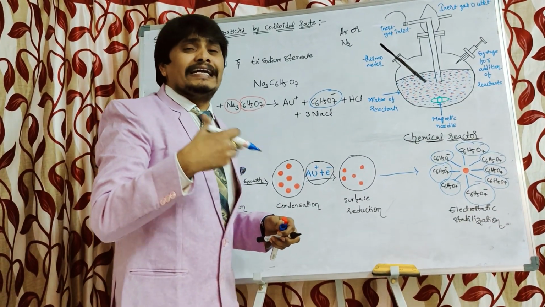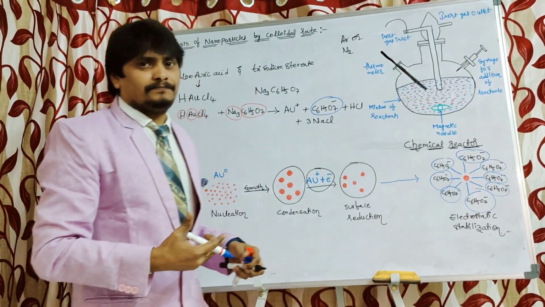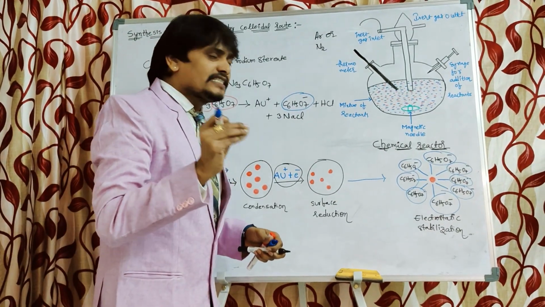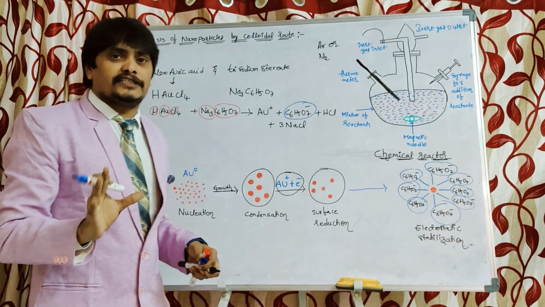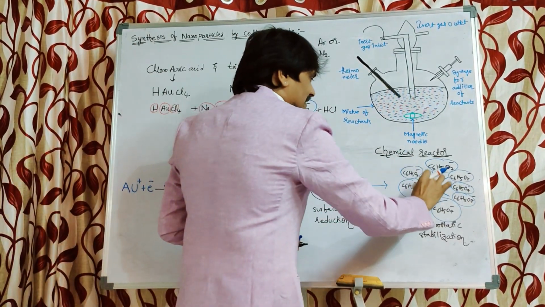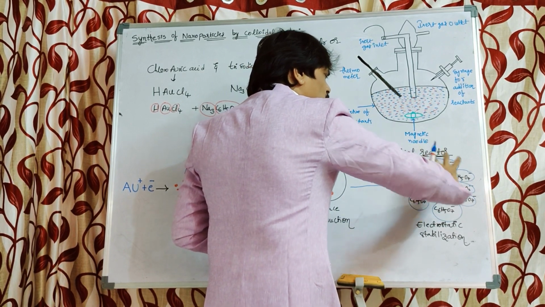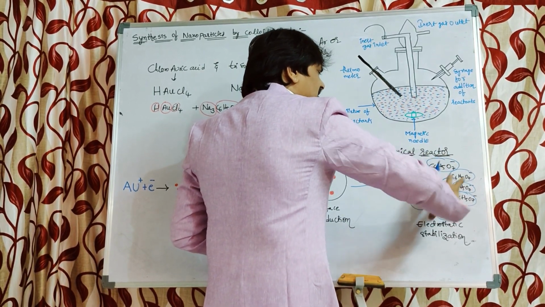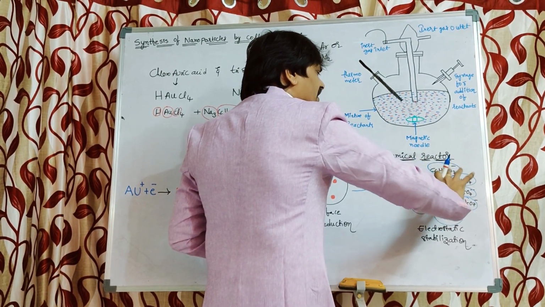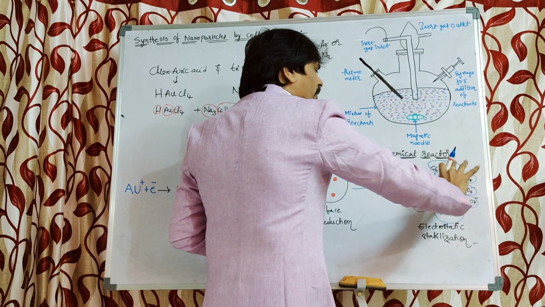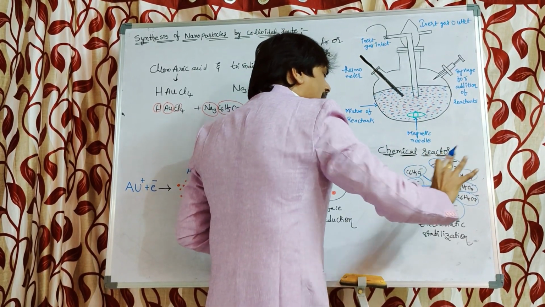I'm not going to discuss its definition in a well-defined fashion. Simply, electrostatic stabilization means stabilization because of the electric charge. Because this nano gold particle is surrounded by so many anions, these electrically charged anions surrounding the gold nanoparticle will stabilize it to the maximum extent.